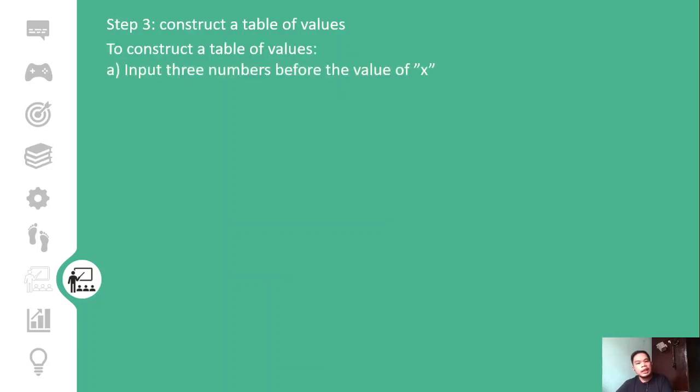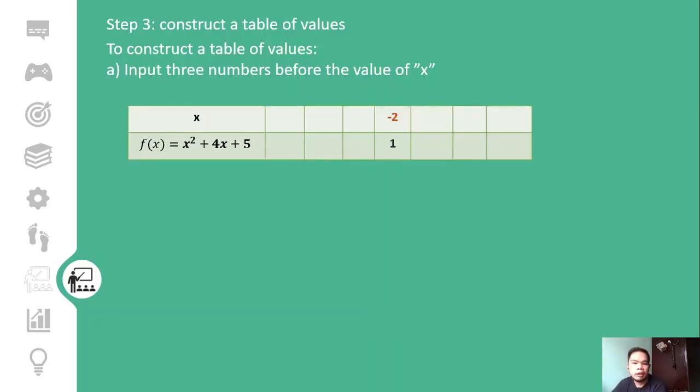Okay, so to construct a table of values, input 3 numbers before the value of x. So ano yung x natin? Negative 2. Okay, so yun yung x natin, negative 2. So mag-input tayo ng 3 numbers before negative 2. And what are those numbers before negative 2?